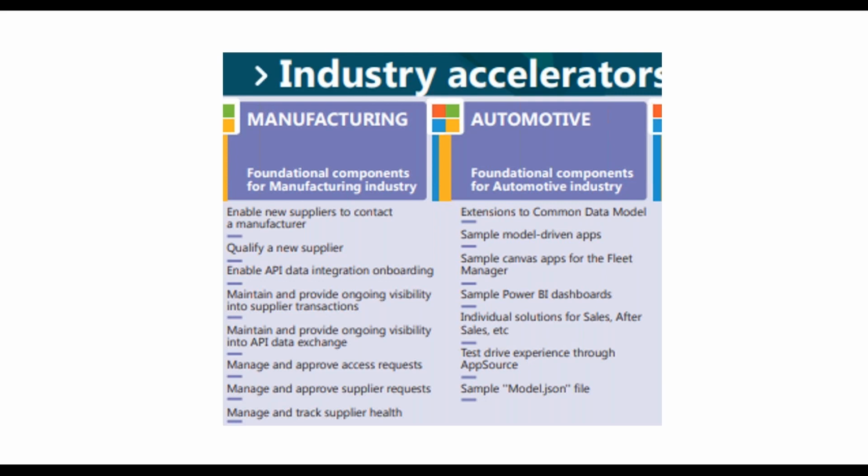So lots of different tools and different things that are pre-configured and pre-set up in the system for you to be able to hit the ground running faster if you're a manufacturer or if you're specifically in the automotive industry. Now, it doesn't mean that if you don't fit these two accelerators, you shouldn't be using the platform. It just means that if this fits for you, it brings you up to speed faster.